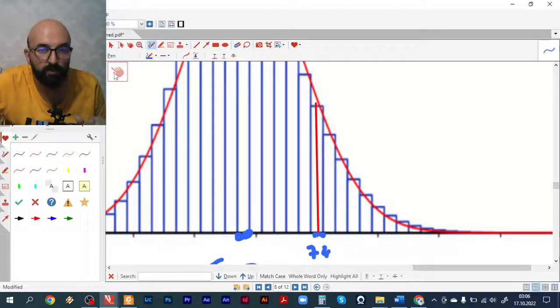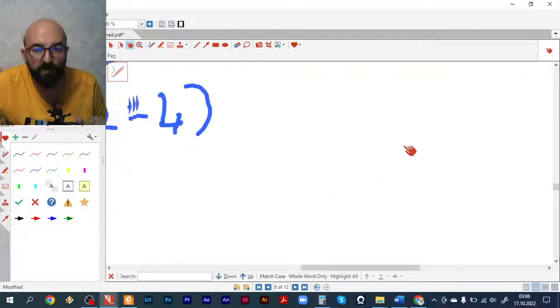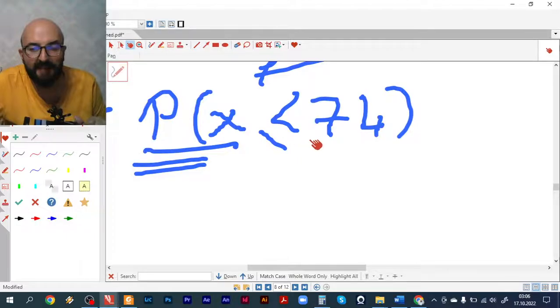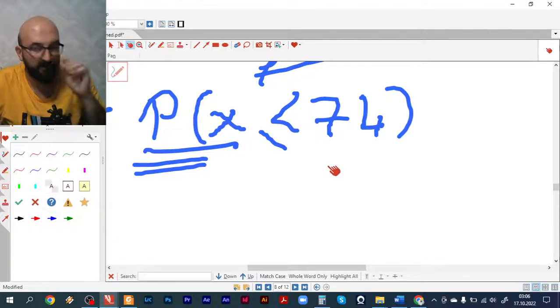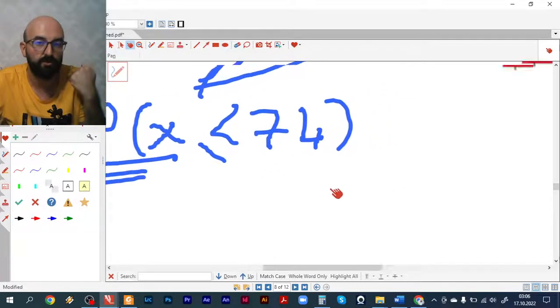But you want to figure out less than or equal to 74, so the value includes 74.